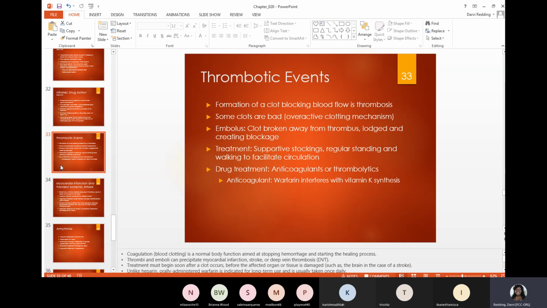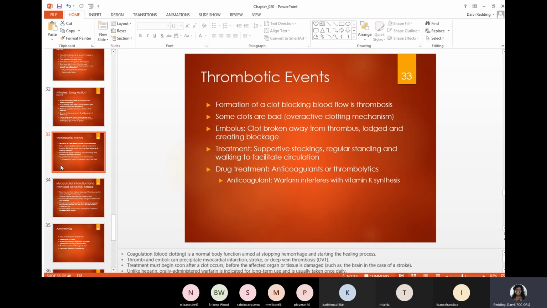Some other drug treatments for a person who experiences thrombosis would be for them to take anticoagulants or thrombolytics. An example of an anticoagulant would be warfarin, and that's going to help by thinning the blood so that it doesn't clot.